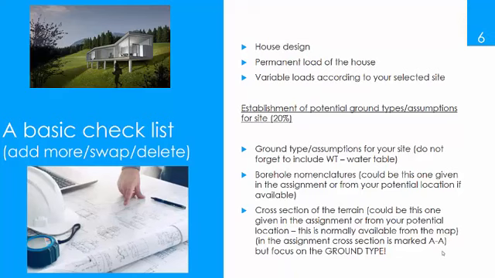And then you will need to provide a cross-section of the terrain. This could be the one given in the assignment, as I mentioned before, which is marked with AA.